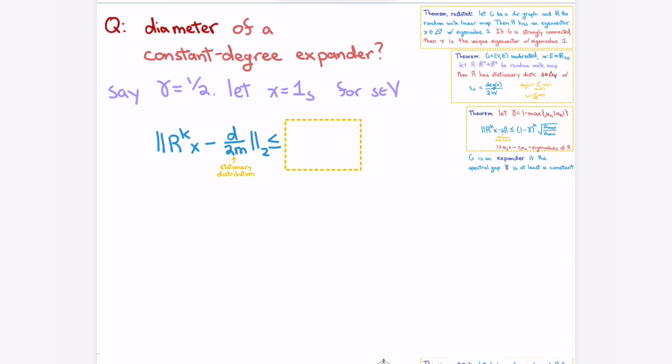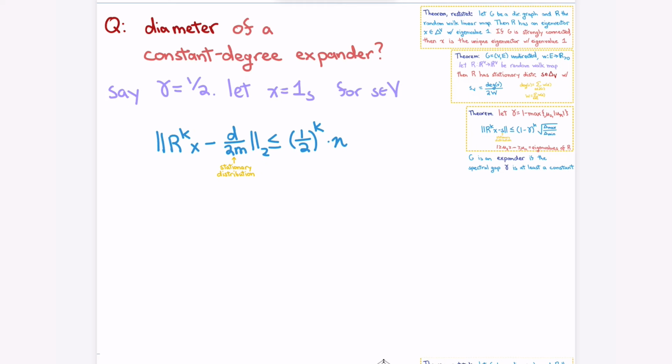Look at a random walk. The high level idea is that the random walk converges really, really fast. Let's say the spectral gap is 1/2. Then you converge to a stationary distribution, which is proportional to degrees, at a rate of like 1/2 to the k times n.